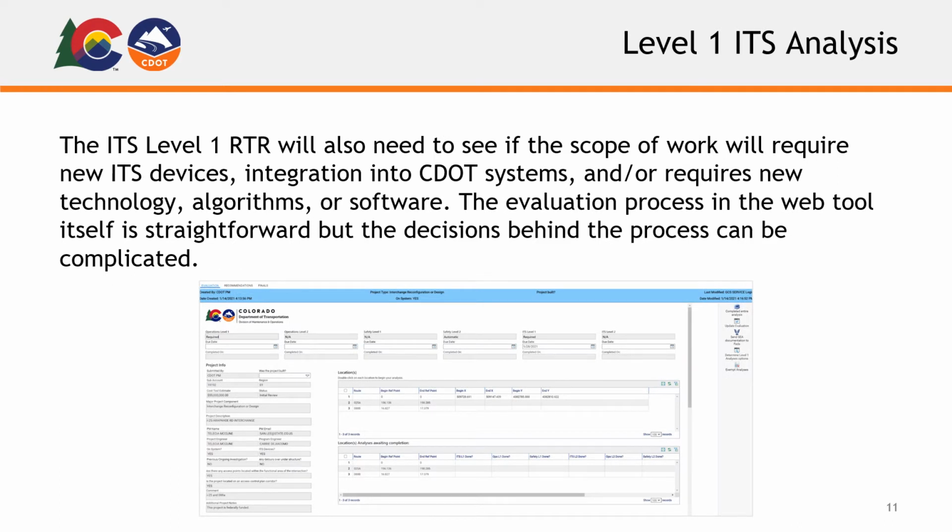The ITS Level 1 RTR will also need to see if the scope of work will require new ITS devices, integration into CDOT systems, and/or requires new technology, algorithms, or software. The evaluation process in the web tool itself is straightforward, but the decisions behind the process can be complicated.